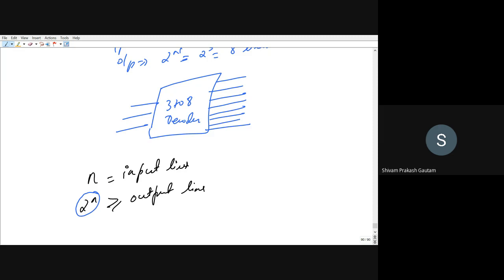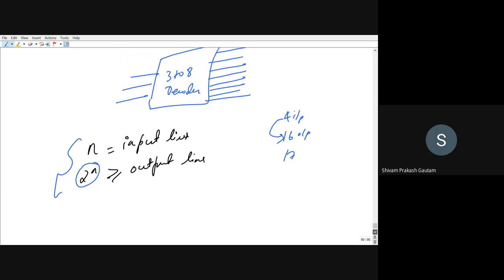Output cannot be greater than 2 to the power n. For example, if you are providing 4 input lines, the maximum possible output you can get is 16, right? You cannot get 17 or more; 16 or less for 4 input lines. So this is the general formula. If you are having n input lines, the maximum output lines you can have is 2 to the power n.